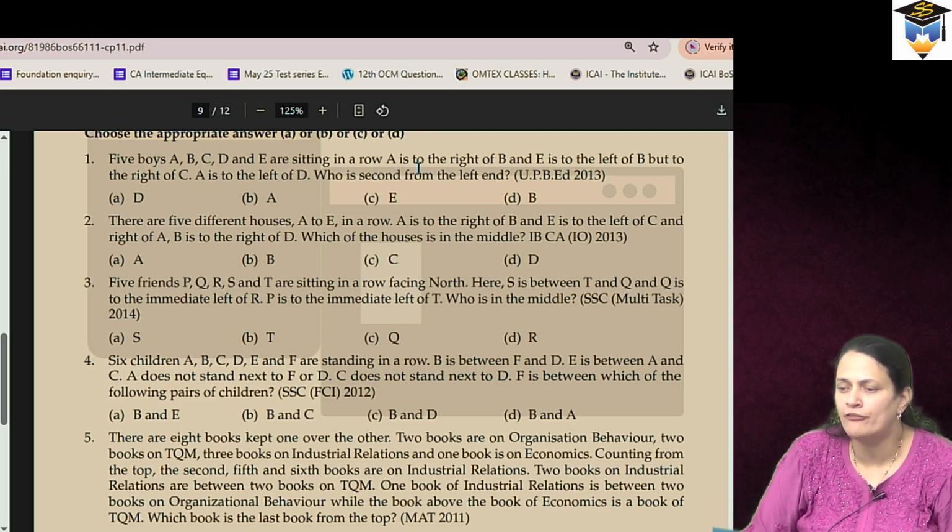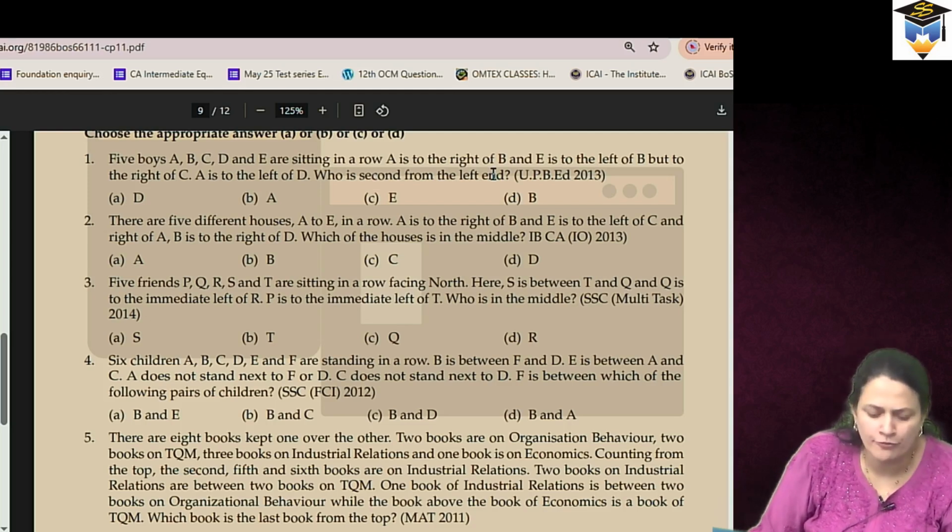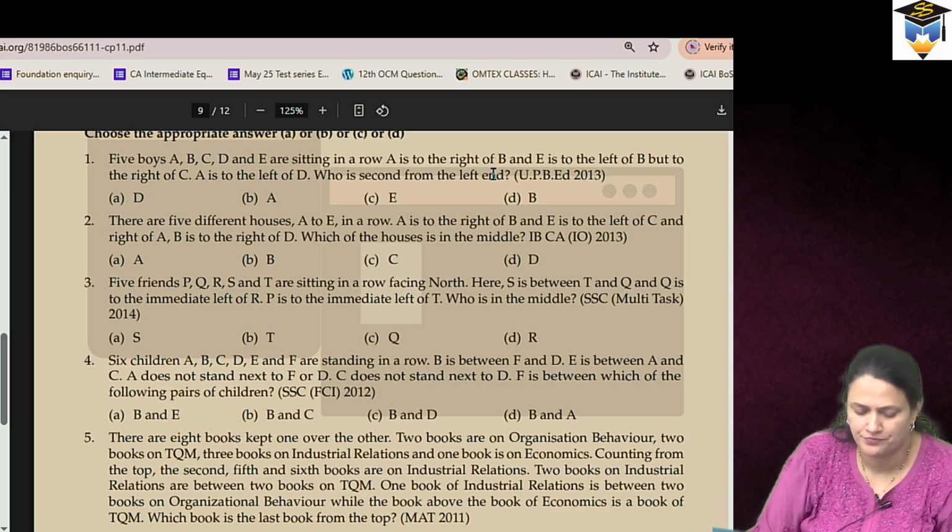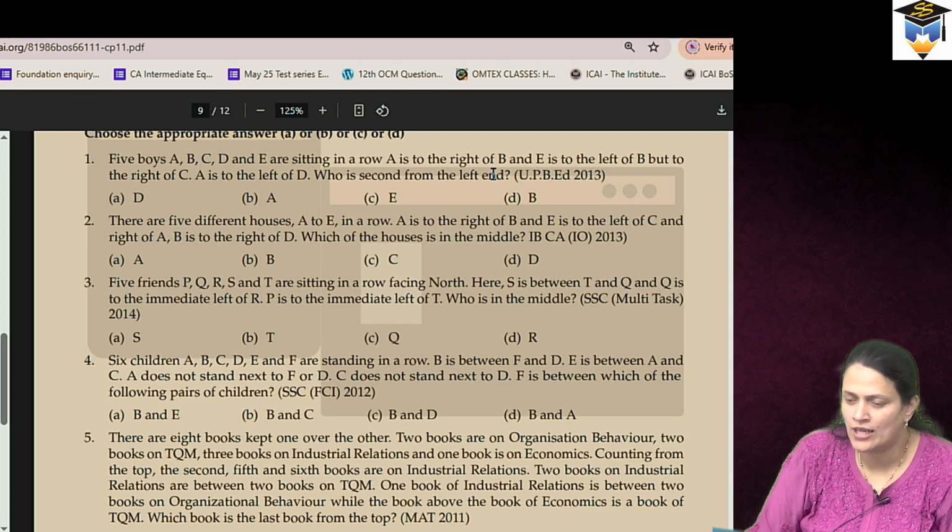A is to the right of B and E is to the left of B, but to the right of C. A is to the left of D. So who is the second from the left end? That is the question. How many number of boys are there? So now how are you going to place them?